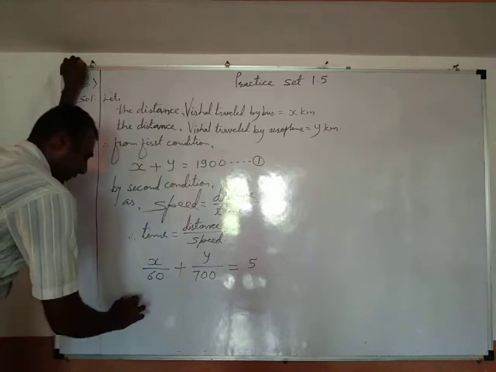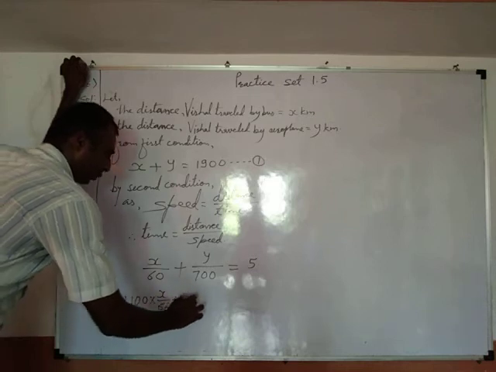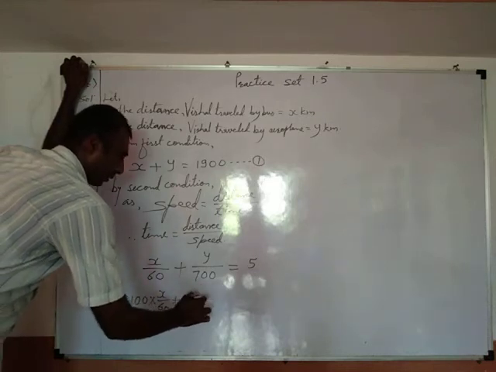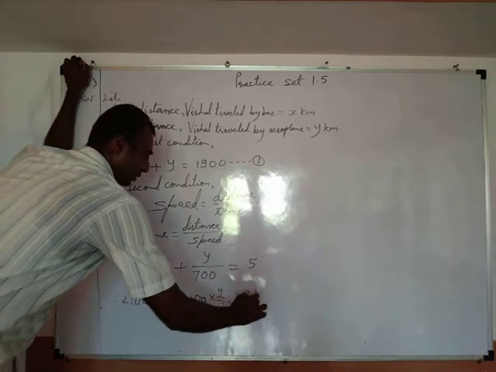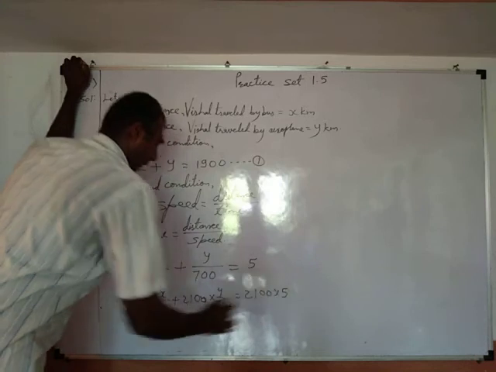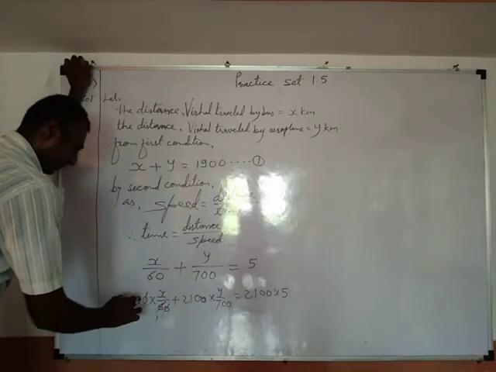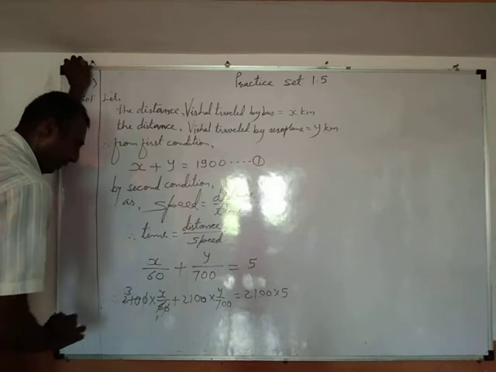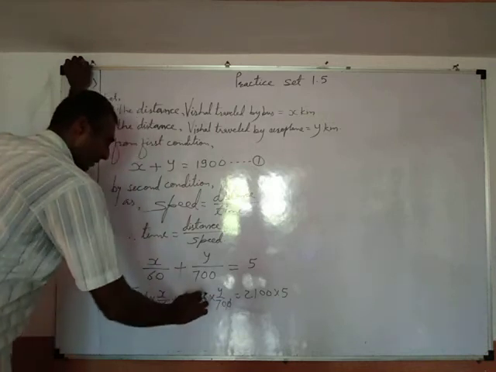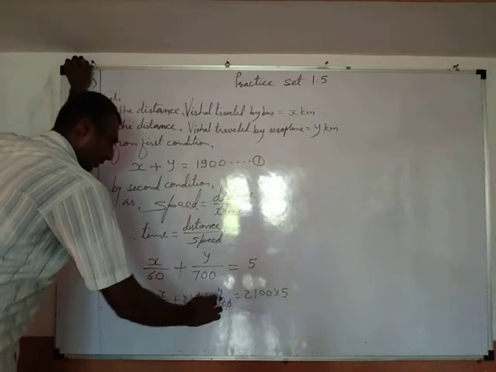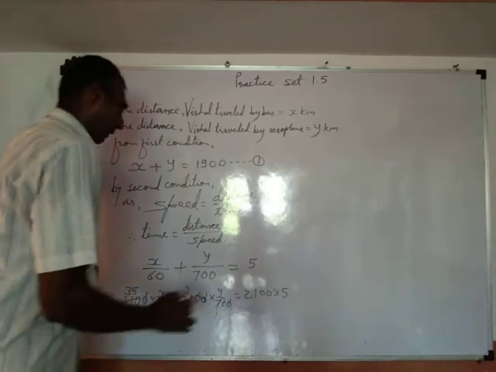Therefore, 2100 into x upon 60 plus 2100 into y upon 700 equals 2100 into 5. 0 cancels with 0. 6 ones are 6. 6 threes are 18. 6 fives are 30. 0 cancels with 0. 0 cancels with 0. 7 ones are 7. 7 threes are 21.